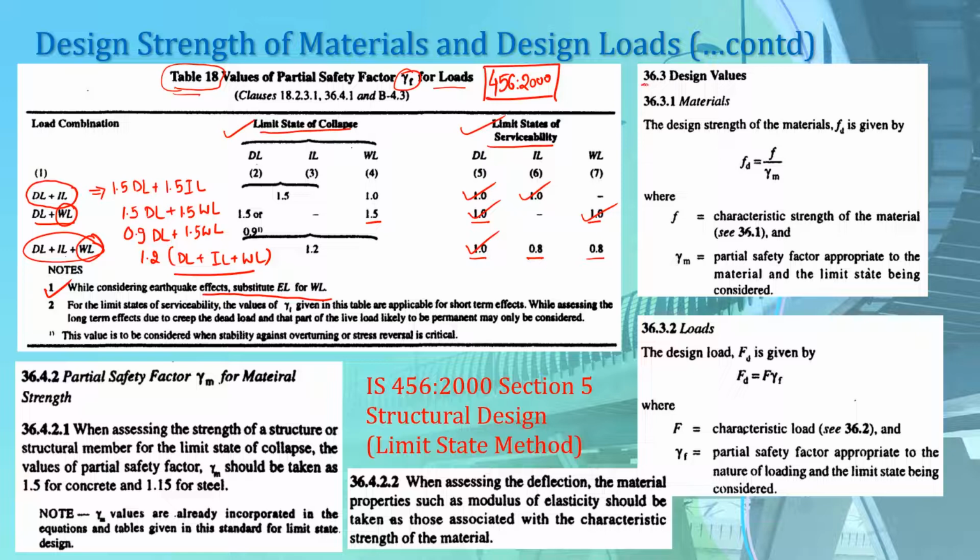So clause 36.3 of the IS code talks about the design values. Similar to the design loads, the design strength of materials, FD, is given by this formula here.